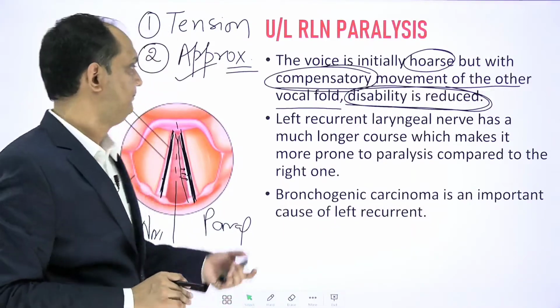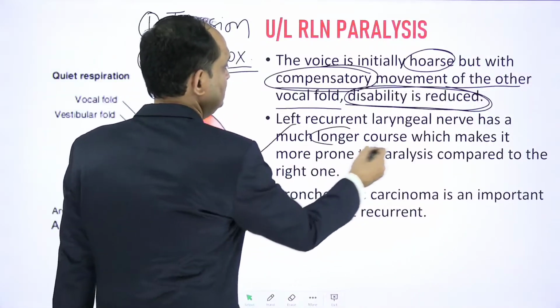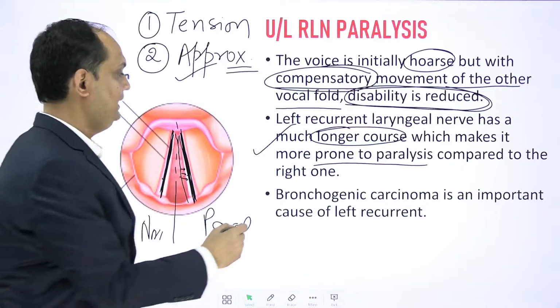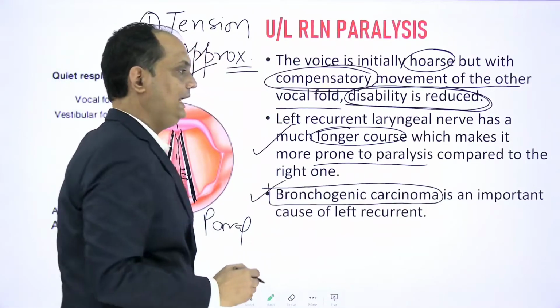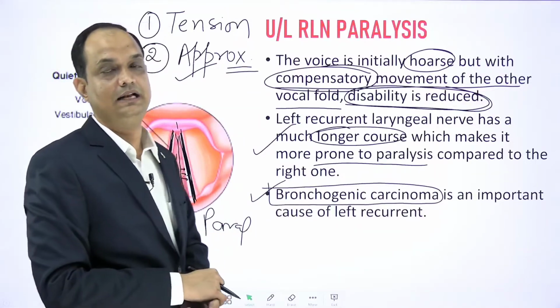The left recurrent laryngeal nerve has a longer course, so it is more susceptible to injury, mainly in cases of bronchogenic carcinoma, which mainly involves your left recurrent laryngeal nerve.